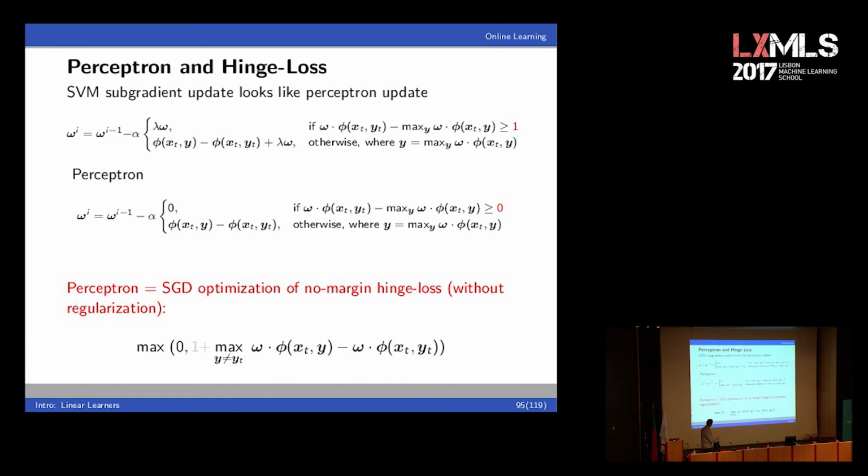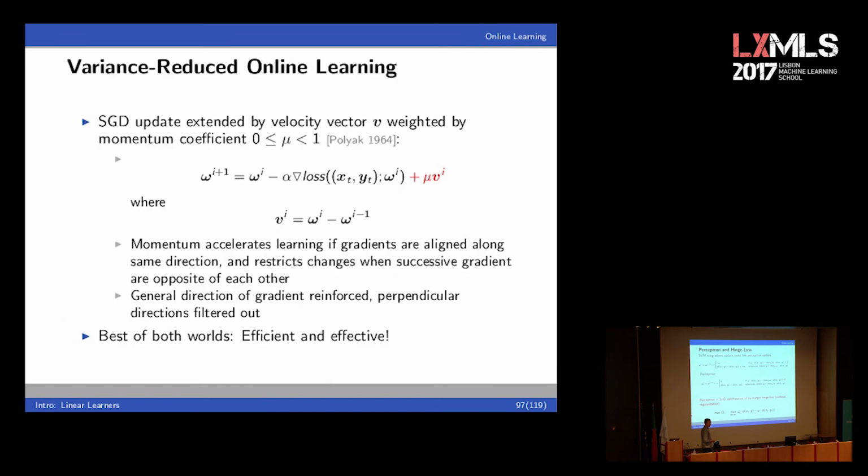It's a hinge loss that doesn't have a margin, just the correct classification, and it does not use the regularizer, which is motivated by maximizing the margin in support vector machines. But if you start from the perceptron and add this margin of 1 and the regularizer, then you have an online version of the support vector machine.